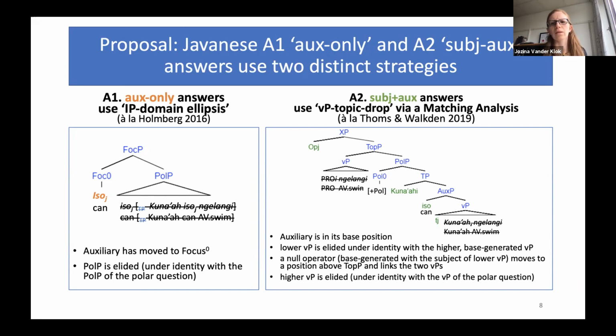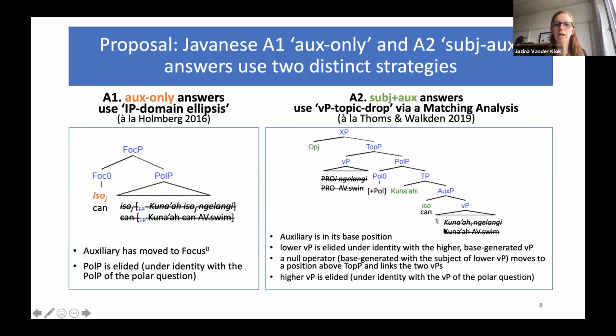In this derivation, crucially, it differs on a number of counts. The auxiliary is in its base position, there's no movement, and there are two VPs that are base generated. The lower VP is elided under identity with the higher base generated VP.